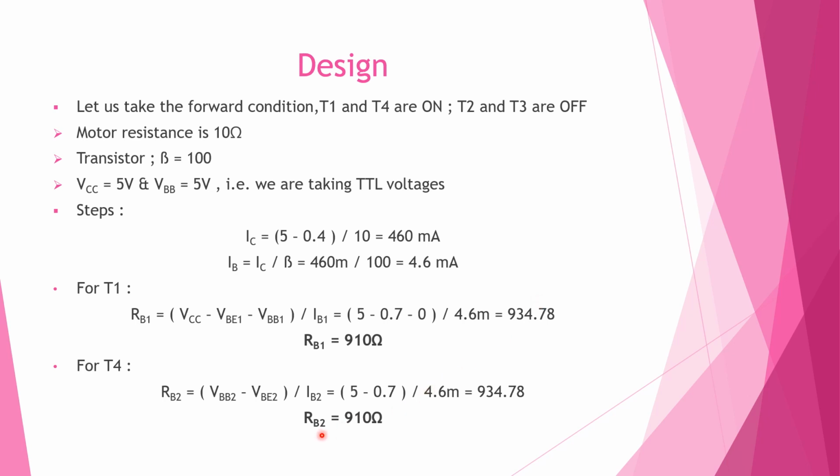We can take a standard value resistance, as before, 910 ohm. Since it is symmetrical, for the T2 and T3 condition, the reverse condition, we will get the same resistance, 910 ohms again.